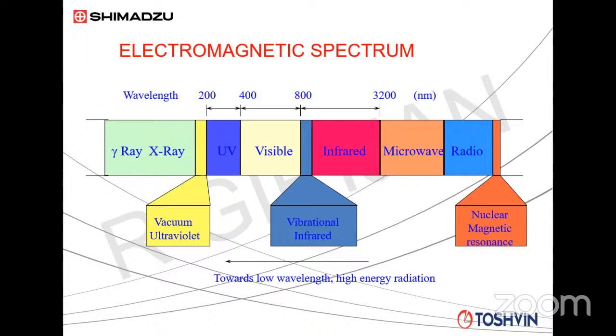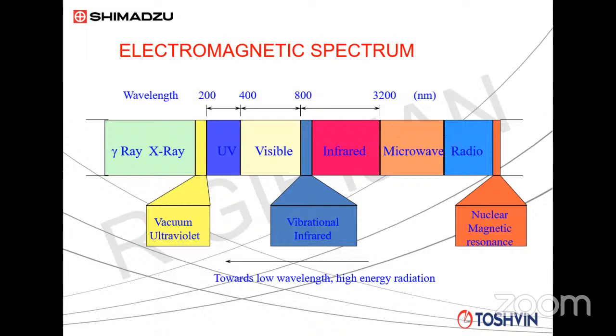So on the extreme left-hand side, we have very powerful high energy radiations. That means low wavelength radiations. And on the extreme right-hand side, we have radiations which are very low in energy content, but their wavelengths are going to be very wide. And our UV radiation, visible radiation, infrared radiation, they are all in the middle part of the spectrum.